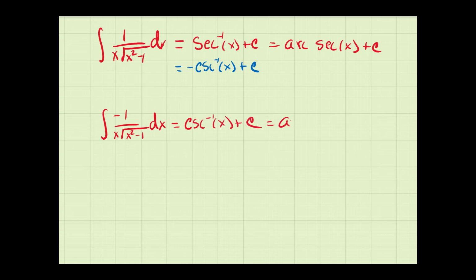Which again could be the arc cosecant of x plus c, and its alternate solution is the inverse secant again. These are things you could consider as you move forward. But these six integrals that I just gave you, you really need to recognize their forms and be able to answer these questions. So let's look at a few examples that extend this a little bit.